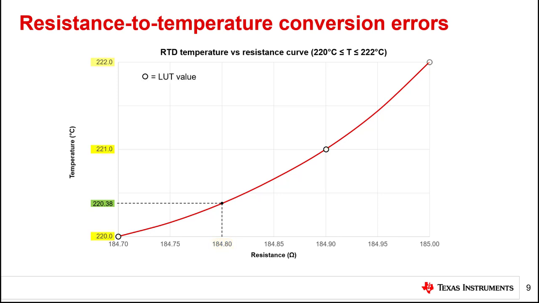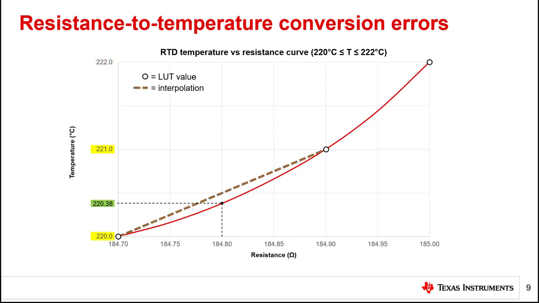Now, recall that an RTD lookup table is comprised of a discrete set of points from the RTD curve. Typically, the temperature values in an RTD lookup table are given as integers in 1 degree Celsius increments, which in this example are 220, 221, and 222 degrees Celsius. Any measured temperature that falls between these points requires the linear interpolation algorithm.